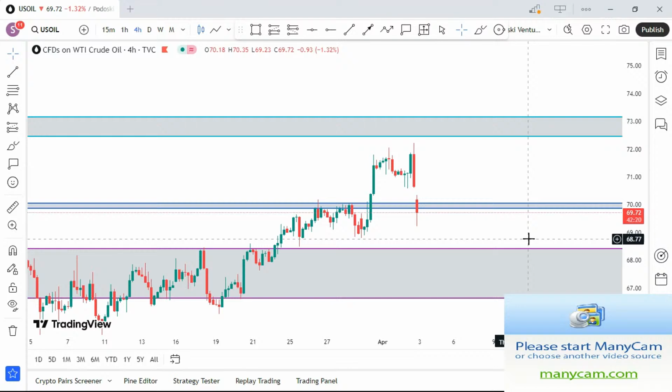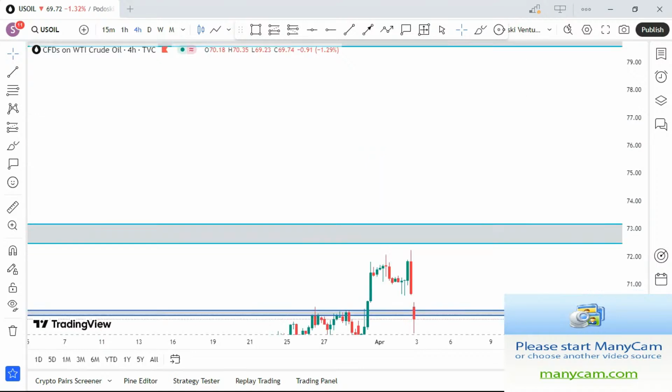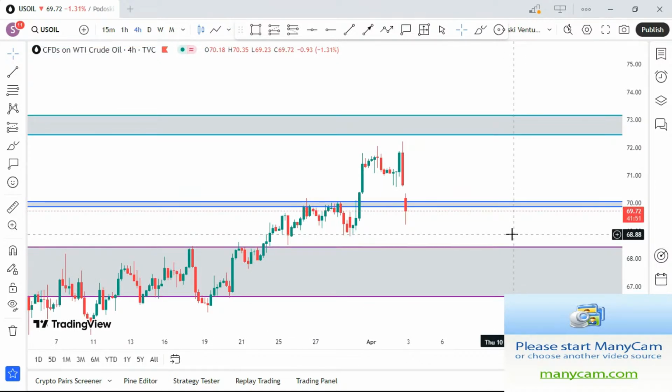If US oil is ready, I'll drop it in the blue. But if it's not ready, I'll just keep on checking. If I get a very nice candle confirmation, then we will buy US oil all the way to the weekly high. But if we don't get a candle confirmation, then we will still wait for a quality setup.